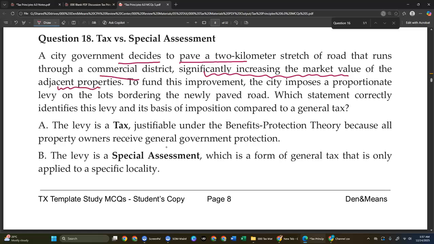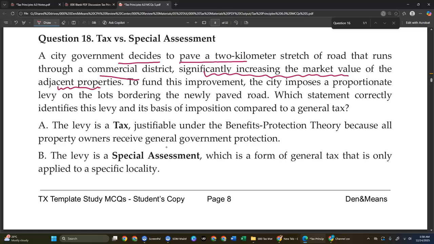In other words, there is a plan to construct a road which affects the commercial district, and also affects the market value of their properties.